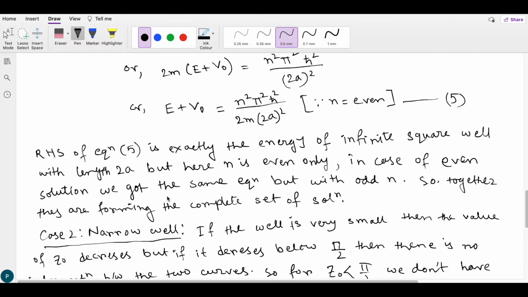And in the previous lecture we derived this expression for the even solutions of the bound state, and we saw that there only odd values of n are possible. So together these two solutions form the complete set of solutions like an infinite square well potential.